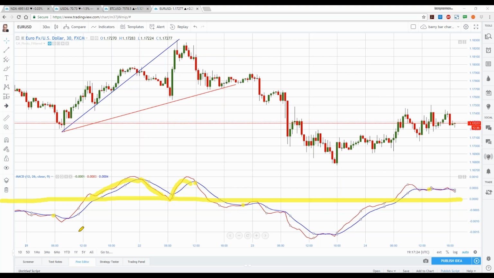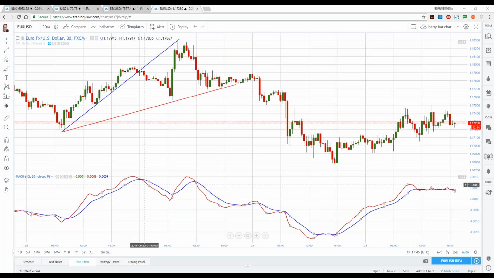Well, we'll get into it a little bit more once we've added the last part of this puzzle onto this chart, and we'll go over transaction signals. Now, we have the last part, which is called a histogram.